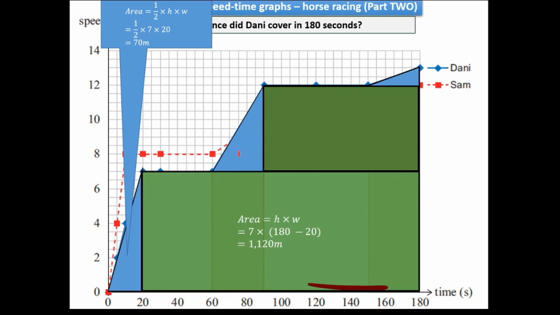Now we're going to do this triangle. We start at 12, we go down to 7. So that area there is 5. And then this area here starts at 60, ends at 90, so that's 30. So it's going to be 5 times 30 is 150 divided by 2 gives us 75.